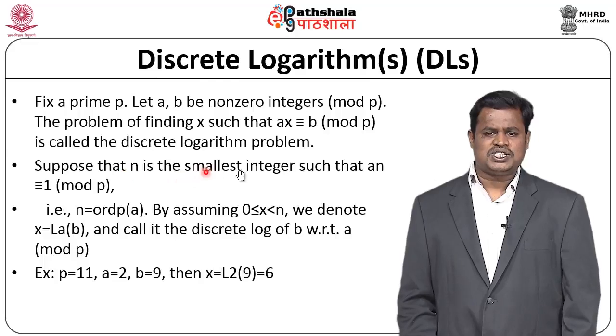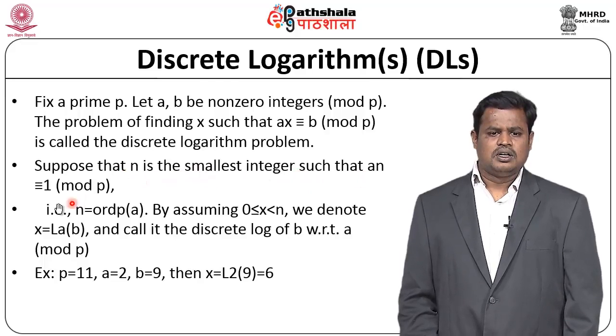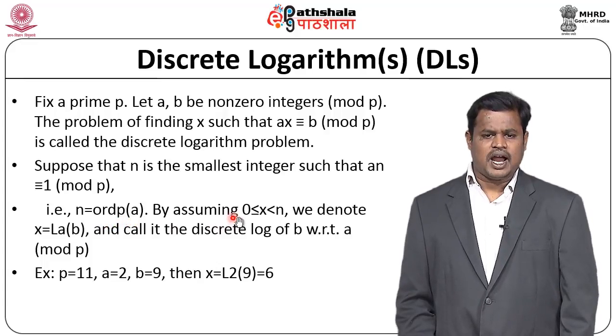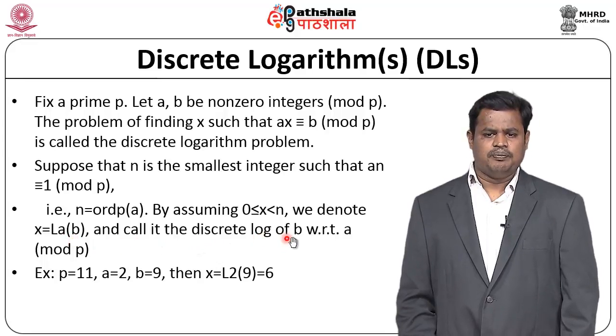Suppose that n is the smallest integer such that a to the n is congruent to 1 mod p, that is we say n is the order of a mod p. By assuming that 0 less than or equal to x less than n, we denote x as L_a of b, that is the logarithm of b, and it is called the discrete log of b with respect to a.